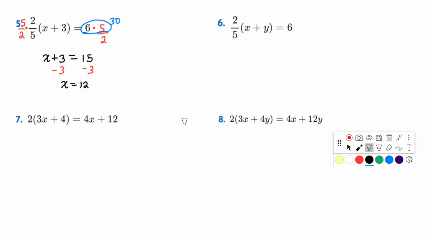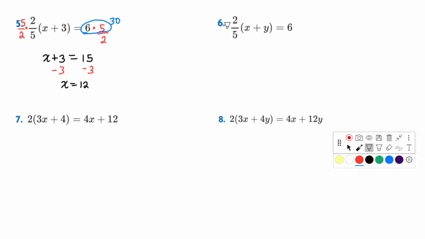Now, just like on the previous slide, the following literal equation is very similar to the first linear equation. This one, we've replaced the 3 with y, so everything really is going to be just the same. We're just going to have some terms that we can't combine.